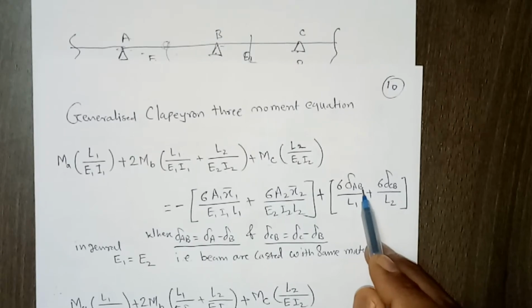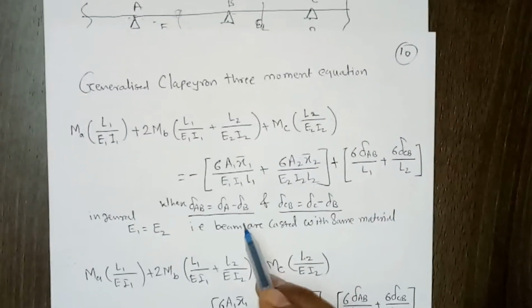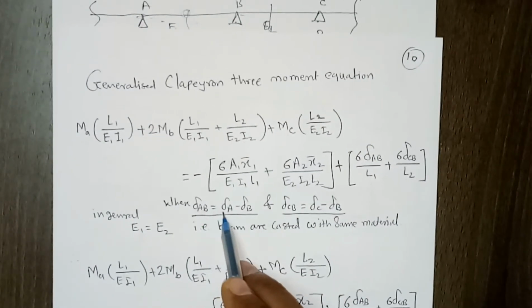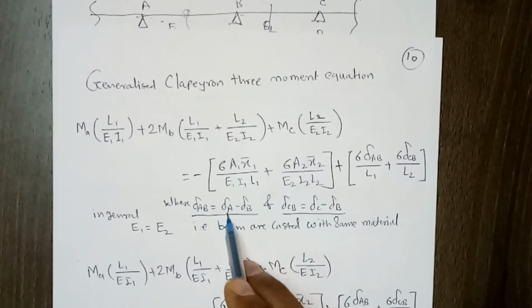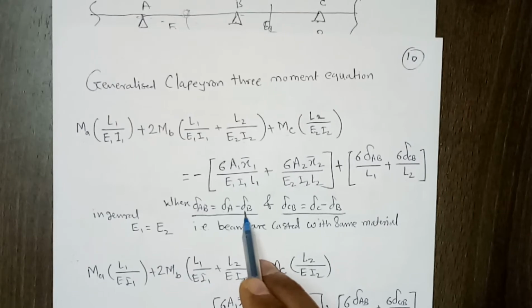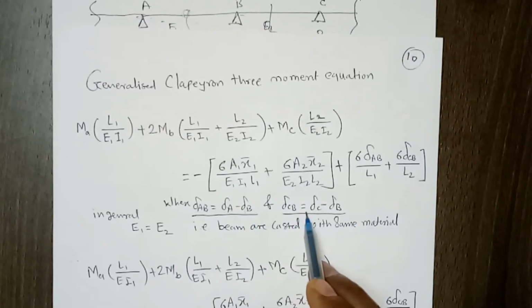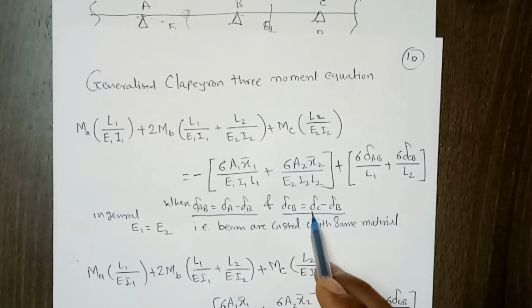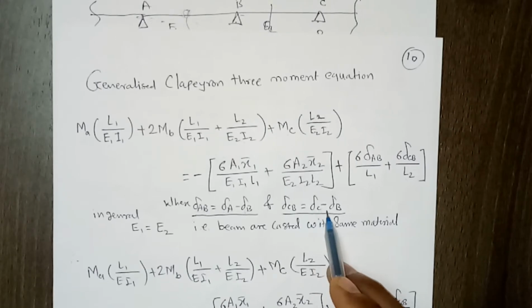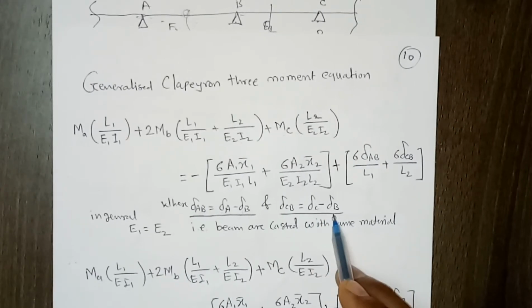So what is this delta AB? Delta AB means the settlement of A support minus the settlement of B support, or settlement of the left support minus settlement of the mid support. And delta CB means delta C minus delta B, which means settlement of the right support minus settlement of the mid support.